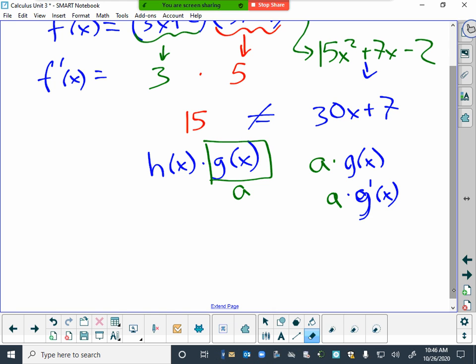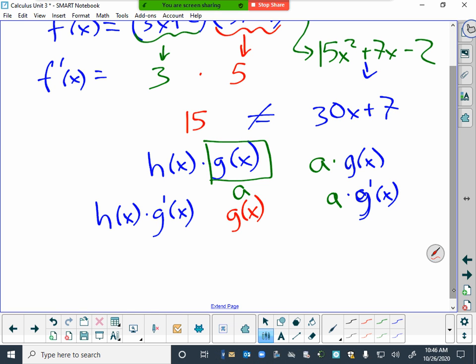In the first case, if h of x is the thing that's stretching the g of x's, then that expression would look something like that. But on the other hand, the g of x is stretching the h of x's. And the net result is a combination of those two things at any given point.